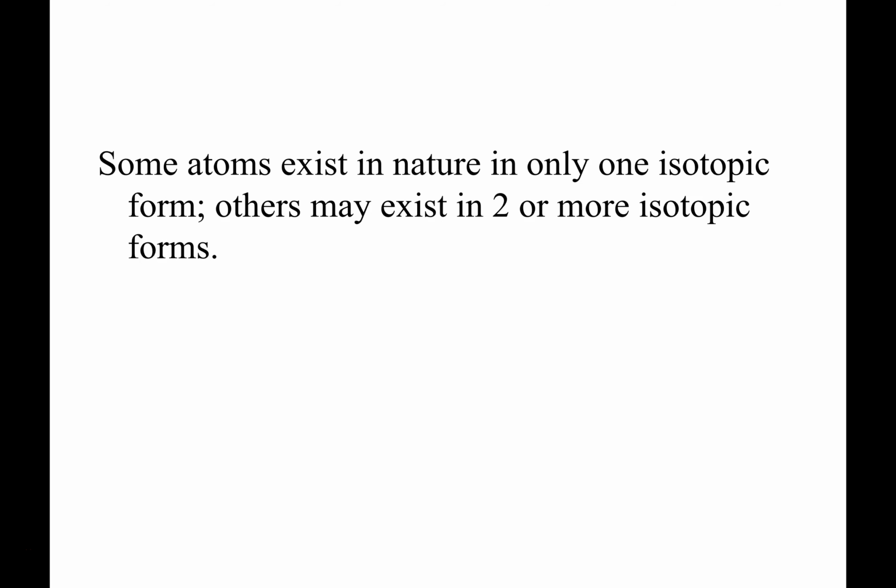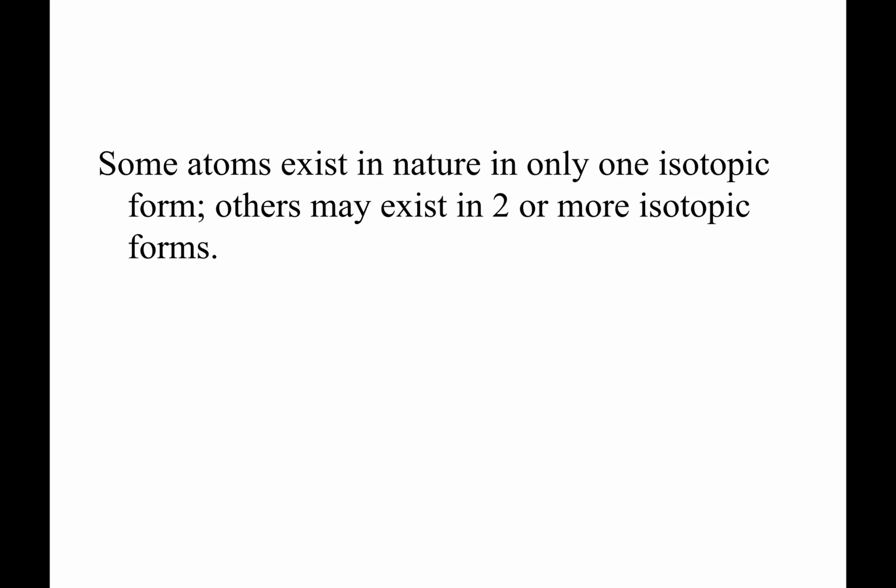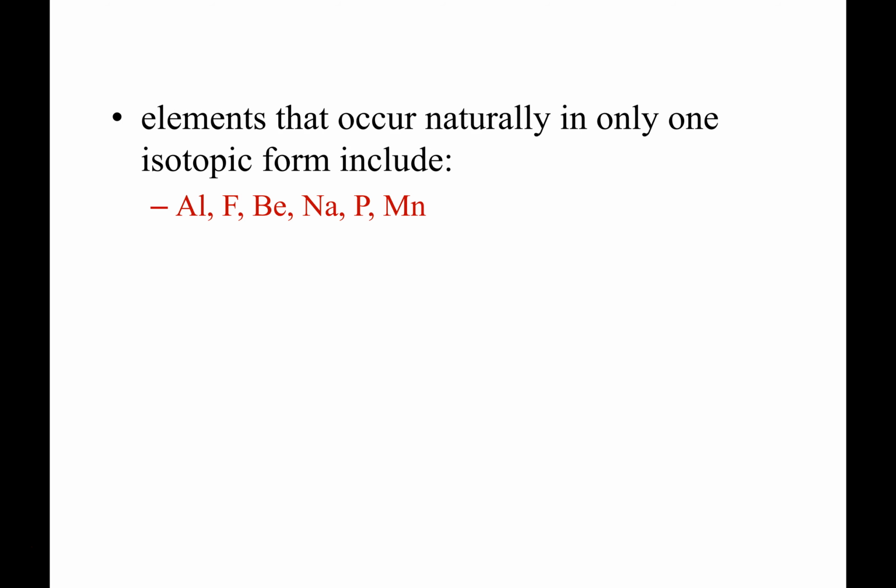So this slide says some atoms have only, it almost sounds like an oxymoronic phrase, one isotopic form. By definition, an isotope is a different form of an element, so one isotopic form seems like a dumb statement to me. But other elements will naturally occur in two or more isotopic forms. I picked one that only has one isotopic form. So phosphorus is not going to have, naturally speaking, an assortment of neutrons in its nucleus.